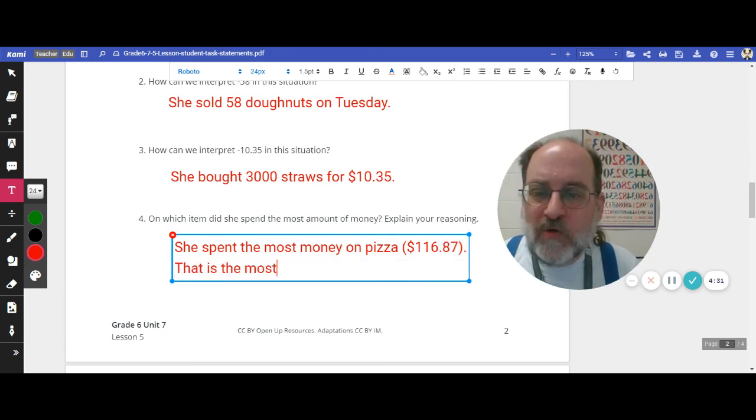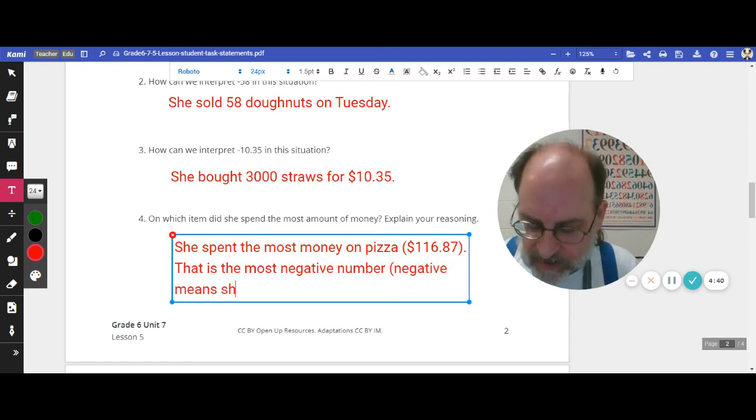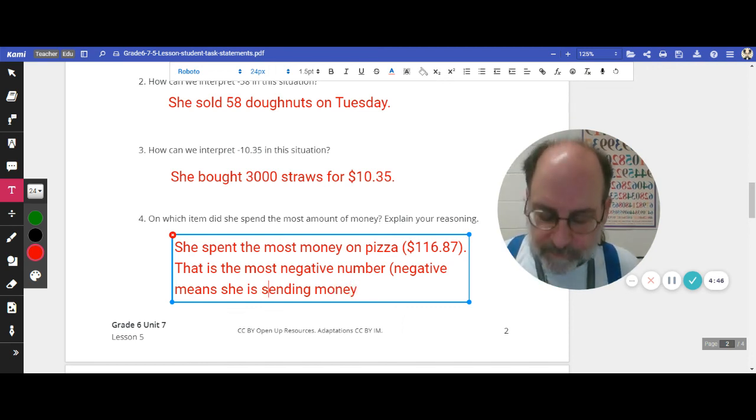That is the most negative number. And here, negative means she is spending money. So my apologies for the mistake just there.